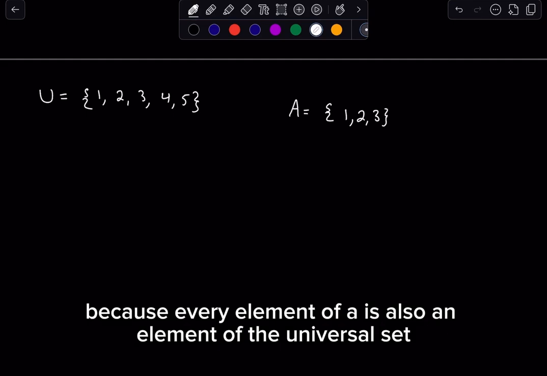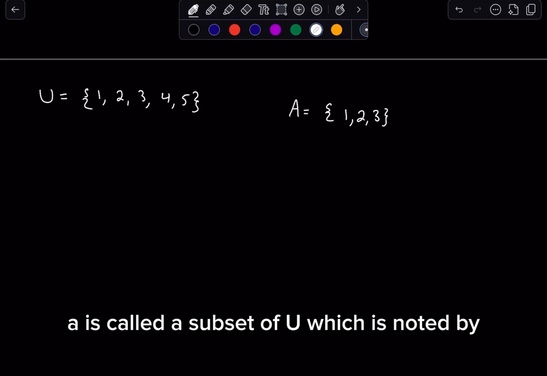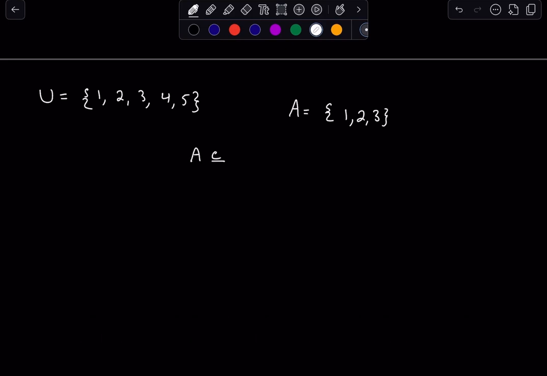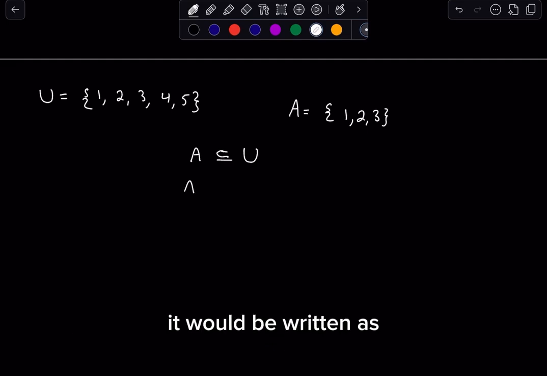Because every element of A is also an element of the universal set, A is called a subset of U, which is denoted by this symbol right here. If A is not a subset of U, it would be written as A is not a subset of U.